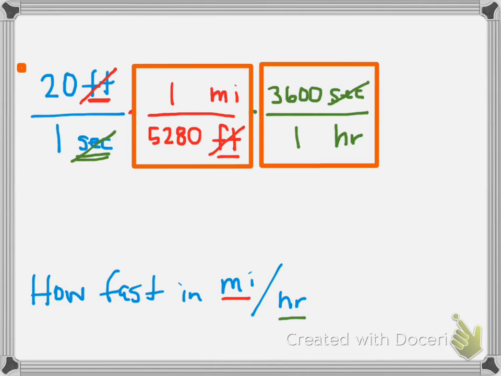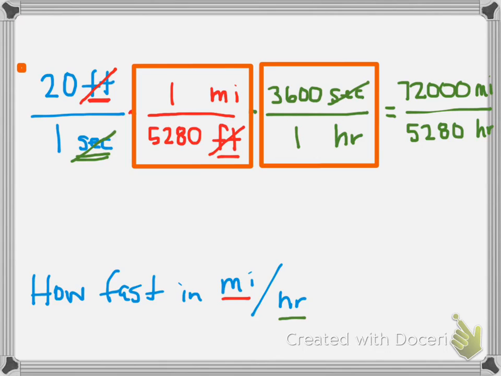And then the last thing left for me to do is to just multiply. These are fractions. They're all multiplied together. So 20 times 1 times 3,600, that's going to be 72,000 miles. 72,000 miles over 1 times 5,280 times 1, that's 5,280 hours.